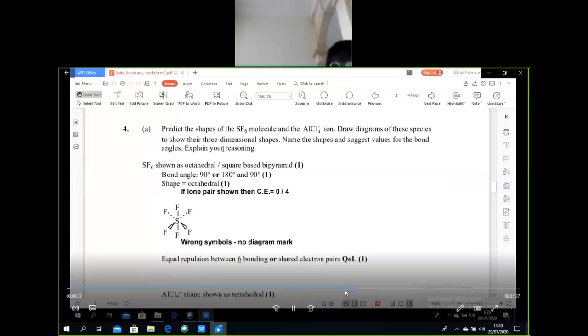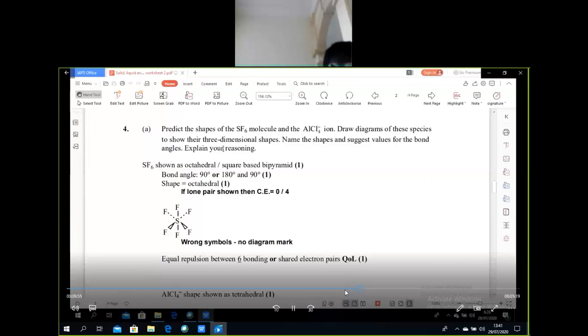Predict the shape of the sulfur hexafluoride molecule and the AlCl4 negative ion. We have to draw the diagram of each species in their three-dimensional shapes, name the shape, and suggest the value for the bond angles.